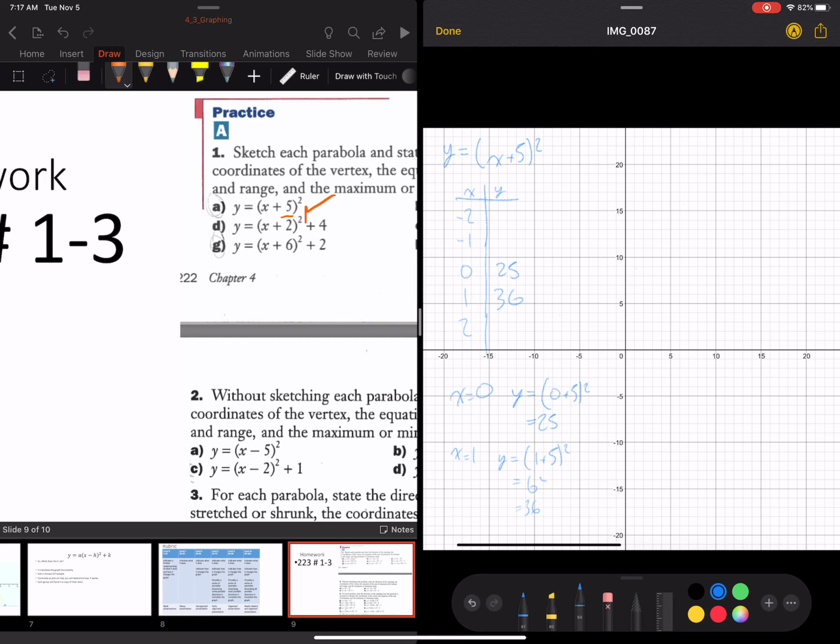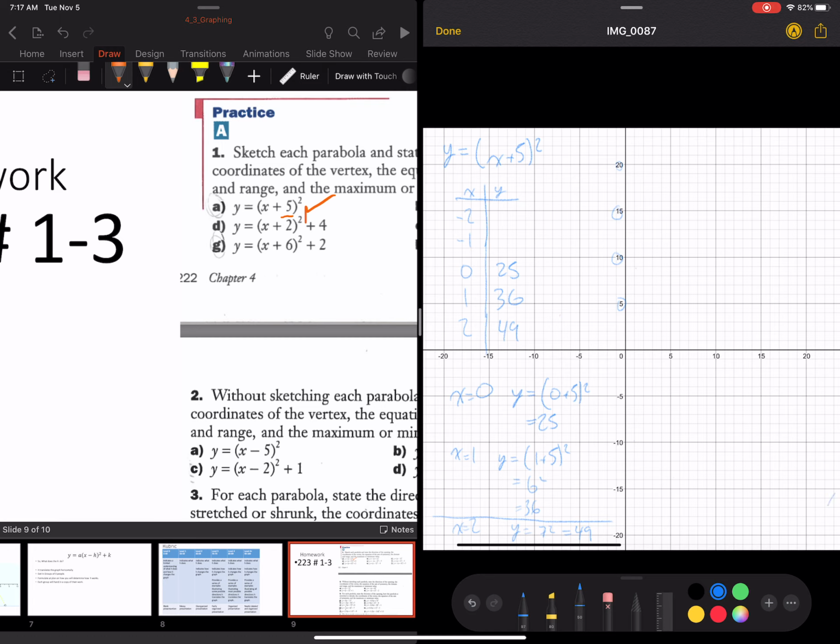My graph only goes up to 20, from 5, 10, 15, 20. When x equals 2, y is going to be 2 plus 5, which is 7 squared, which is equal to 49. Seems to be going up pretty high.